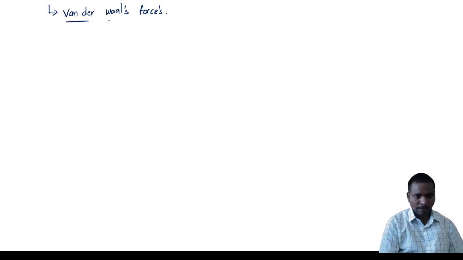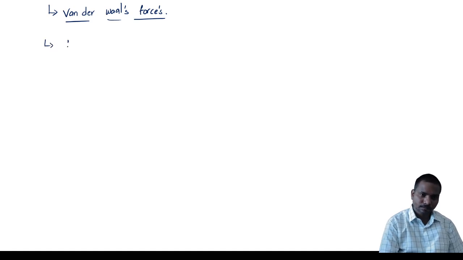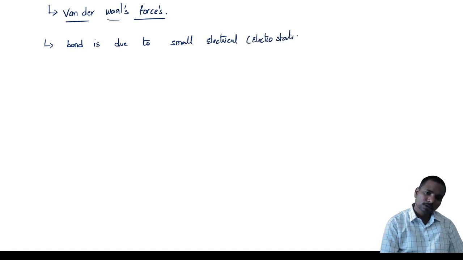Okay, so coming to this van der Waals bond, it is nothing but due to small electrical forces. The bond is due to small electrical or electrostatic forces other than ionic or covalent.